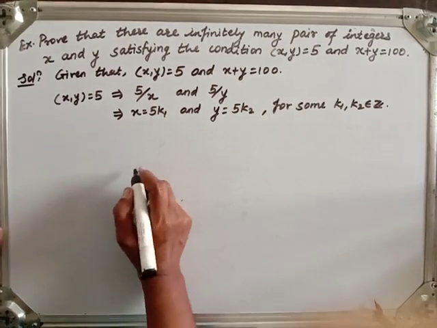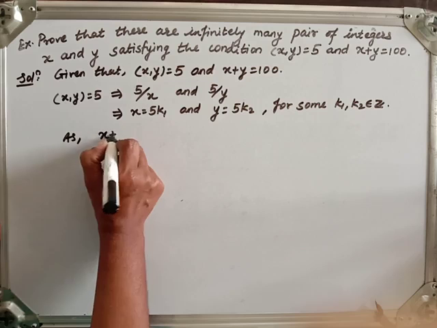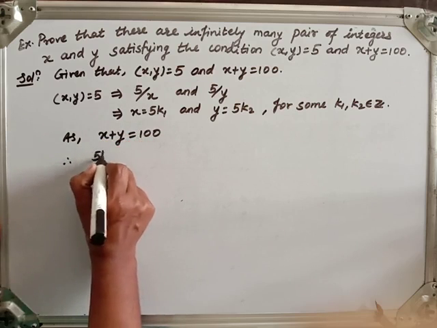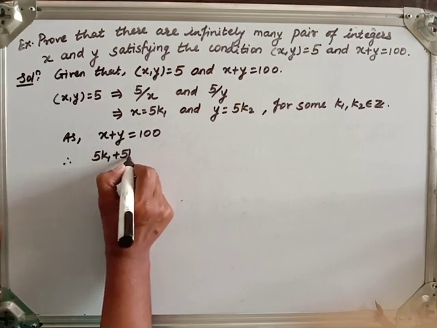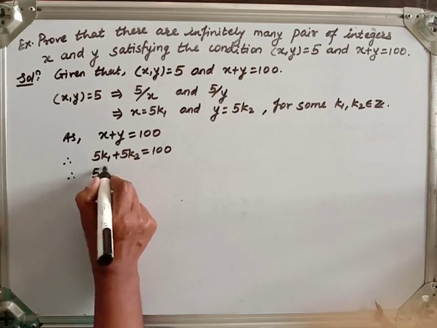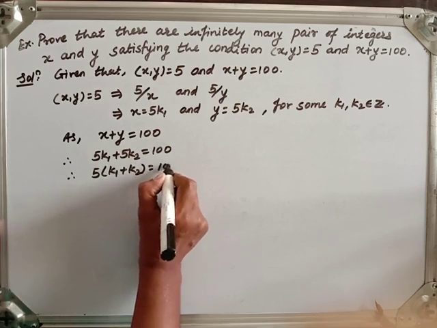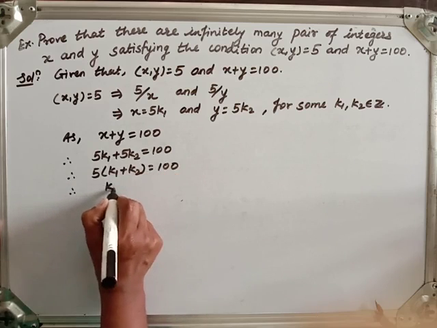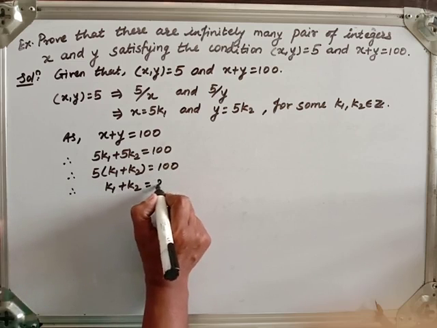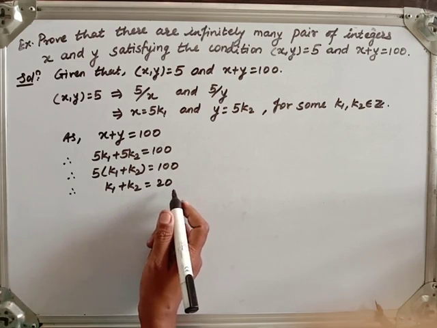Fine. Now as x plus y is equal to 100, therefore we get 5k1 plus 5k2 is equal to 100. So 5 into k1 plus k2 equals 100. Therefore k1 plus k2 is 100 upon 5, that will be 20. So the addition of two integers is 20.